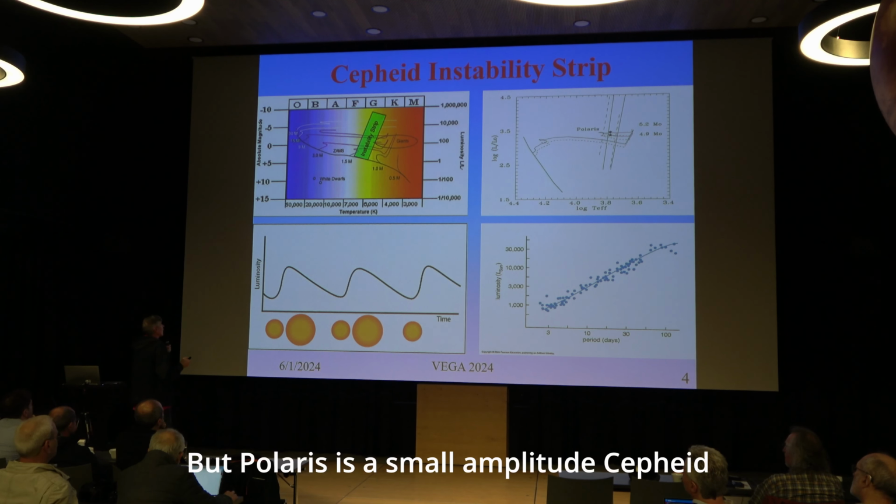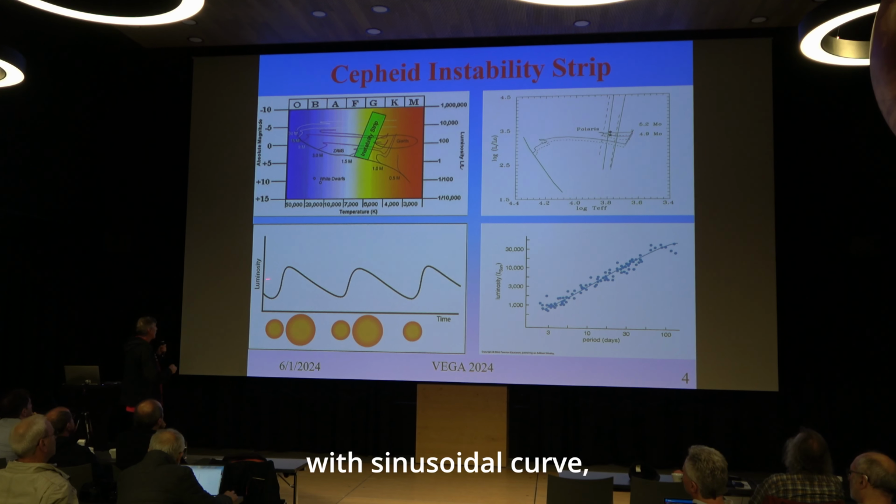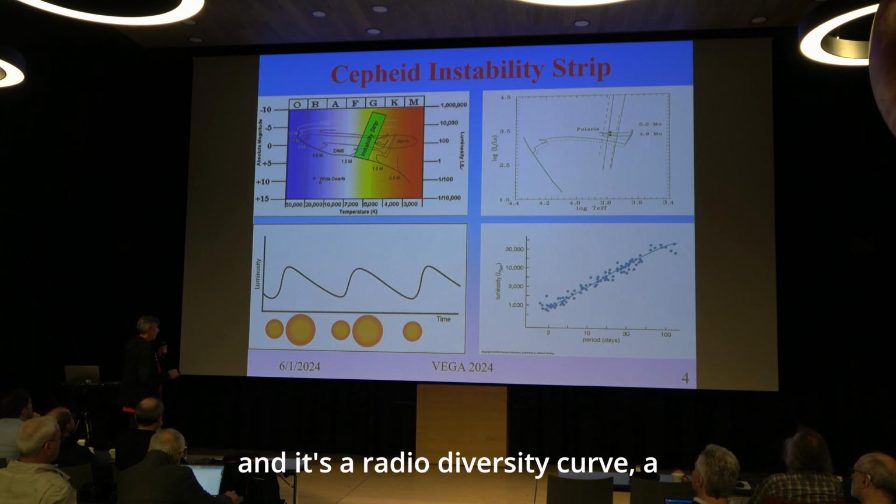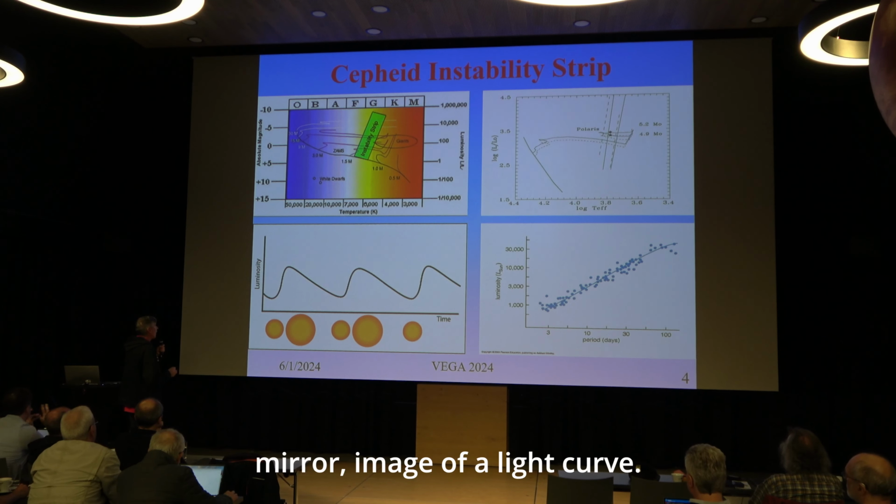But Polaris is a small amplitude Cepheid with a sinusoidal curve, and its radial velocity curve is a mirror image of the light curve.